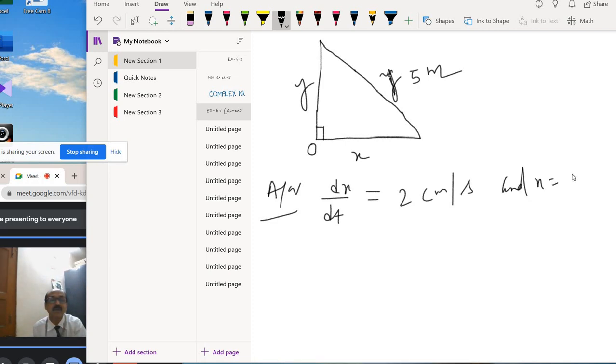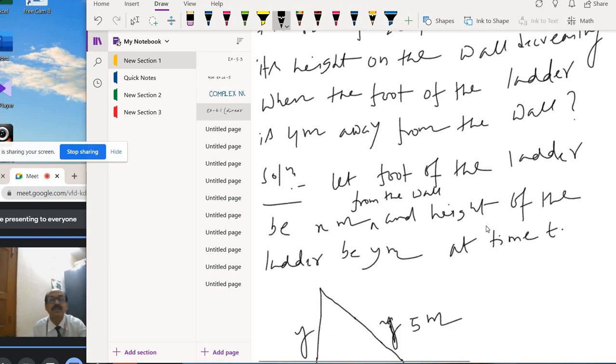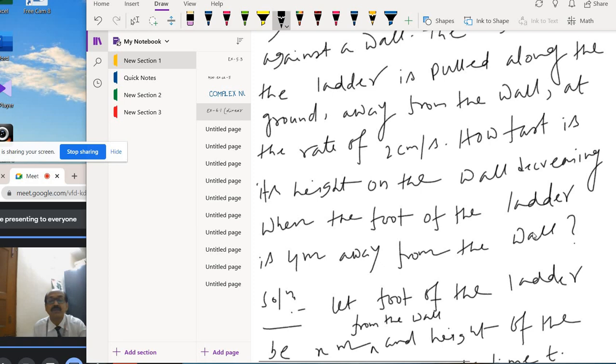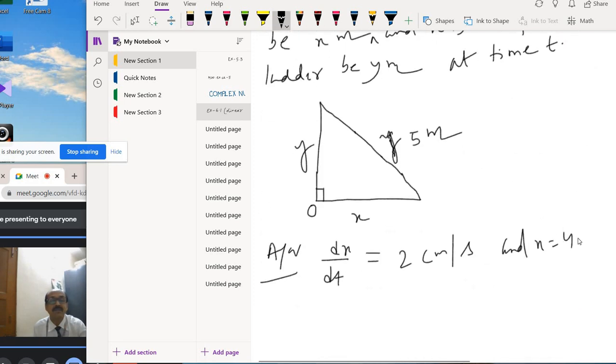Convert this centimeter into meter: 2 by 100 meter per second.